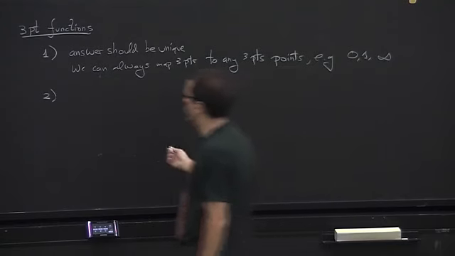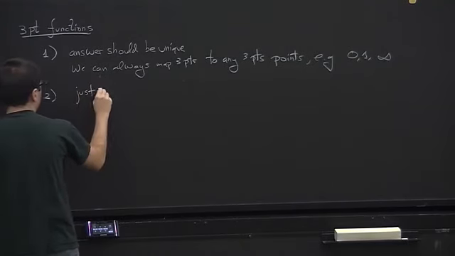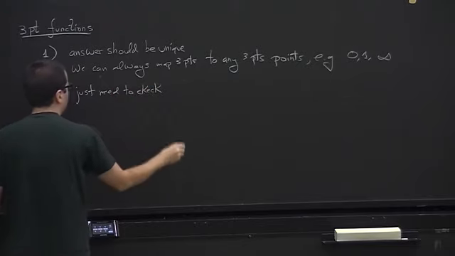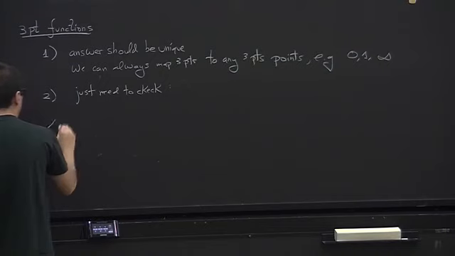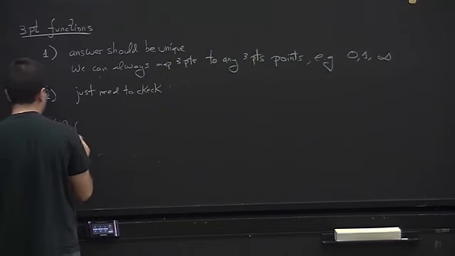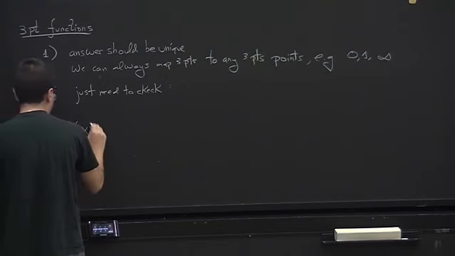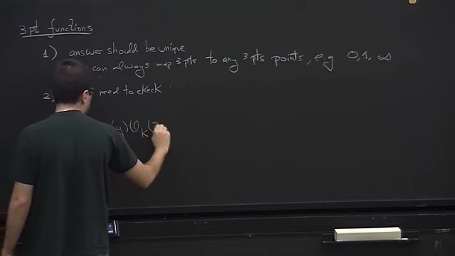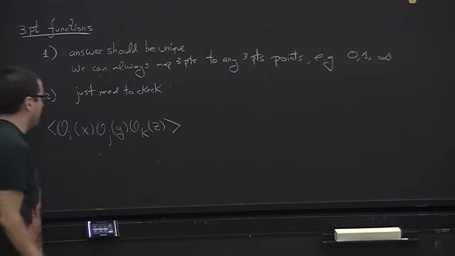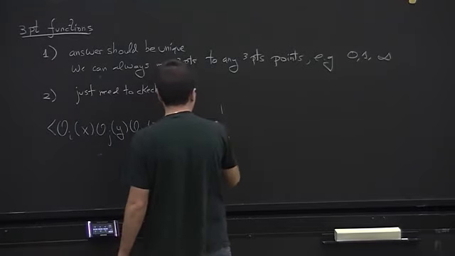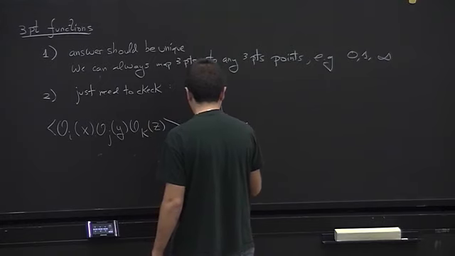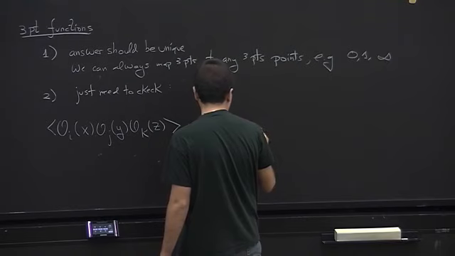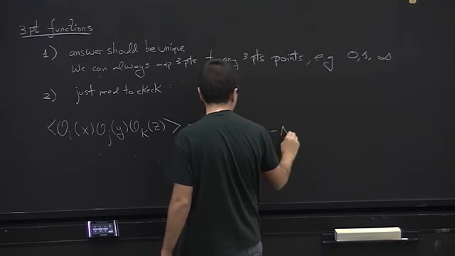Okay. So we just need to check that the following result is invariant under inversion. O_I of x, O_J of y, O_K at position z is equal to 1 over |x minus y| to the power the dimension of the operator at x plus the dimension of the operator at y minus the dimension of the third.